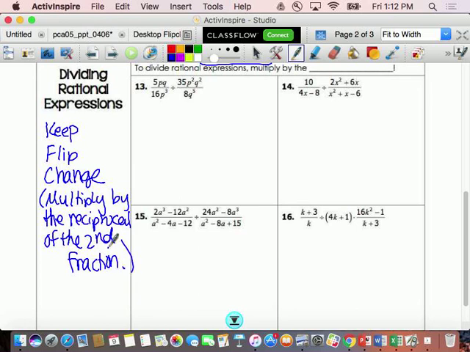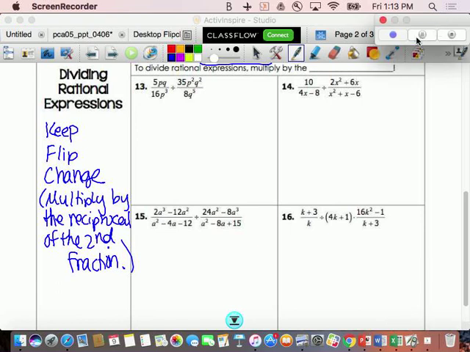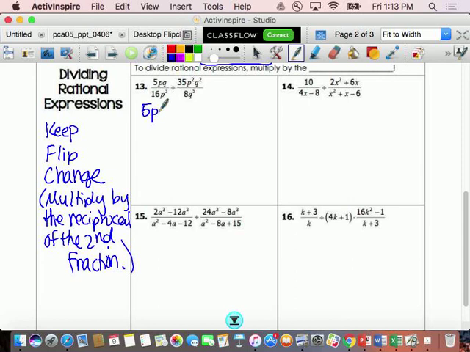Since we can't factor any of these, we've just got monomials. This is a division sign, so that tells us to keep the first one, flip the second one, and change it to multiplication.